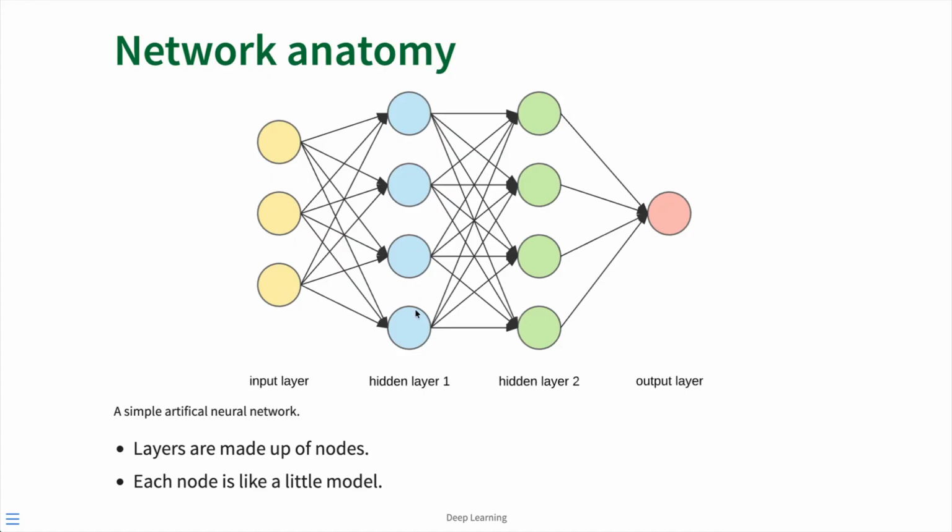And then in this second layer, which is called hidden layer one, we have four nodes. Each of the input variables gets supplied to each of these nodes in the next layer.